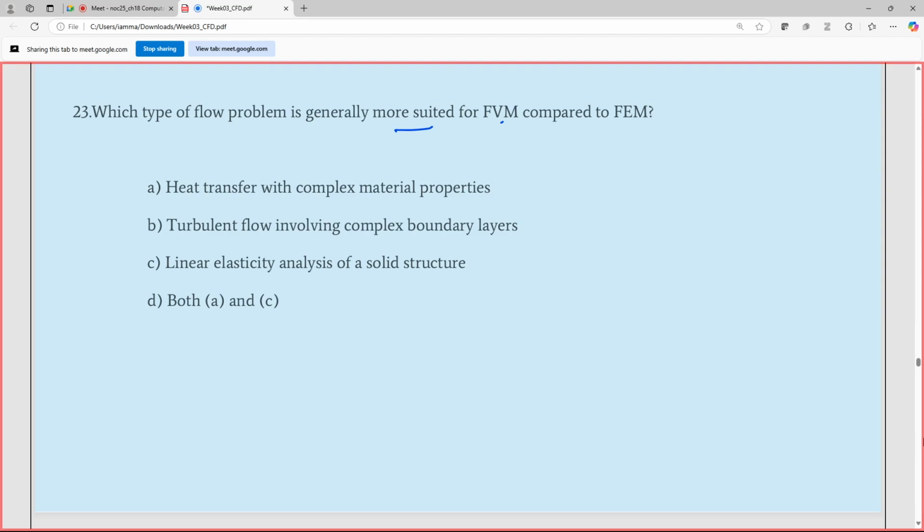Our answer: the question was on which type of problem is most suited for finite volume method. So finite volume method is most suited for problems involving fluid flow, where generally a dominant fluid flow is there.